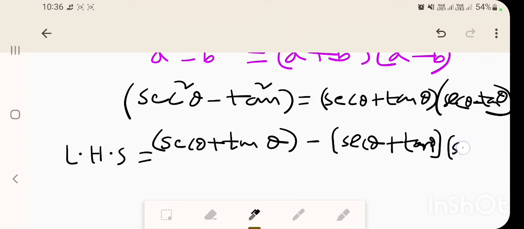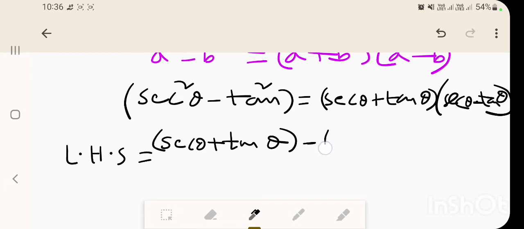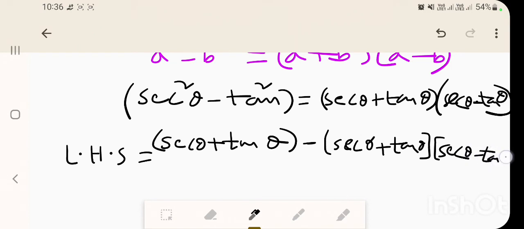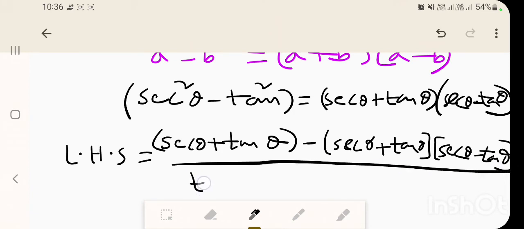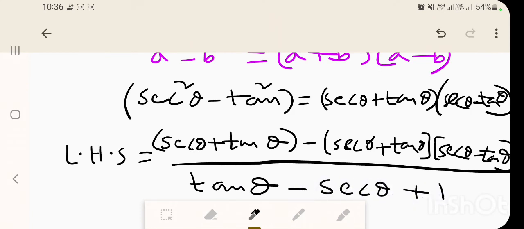It got a little clumsy, so I will write again: in place of 1 we write secant theta plus tan theta into secant theta minus tan theta. In the denominator we have not changed anything. We are not going to disturb the denominator. We keep it as tan theta minus secant theta plus 1.